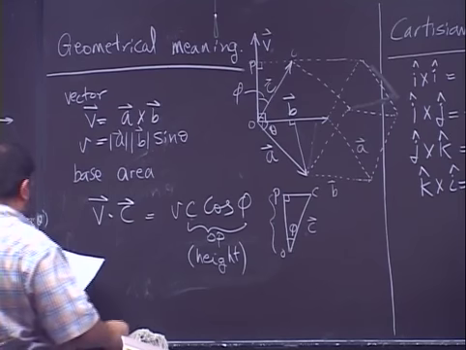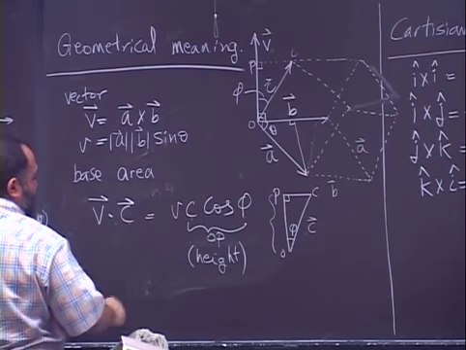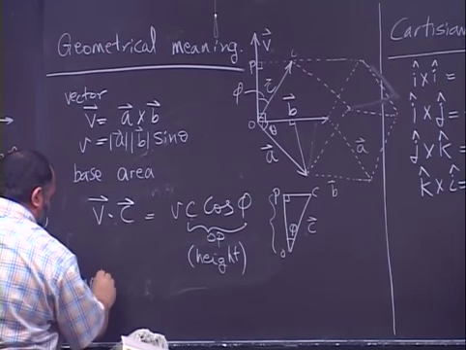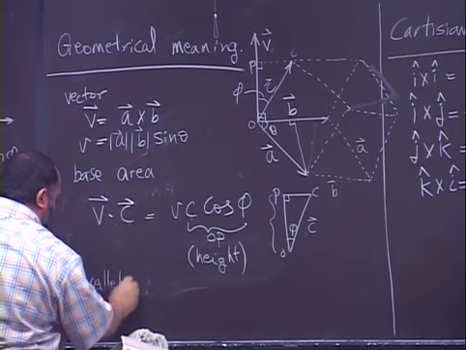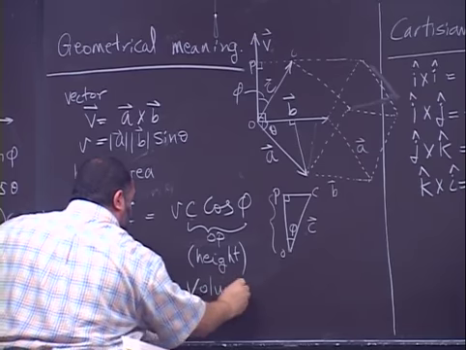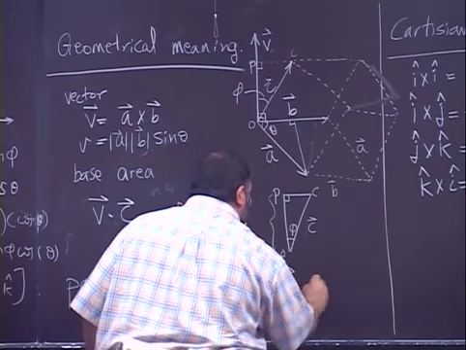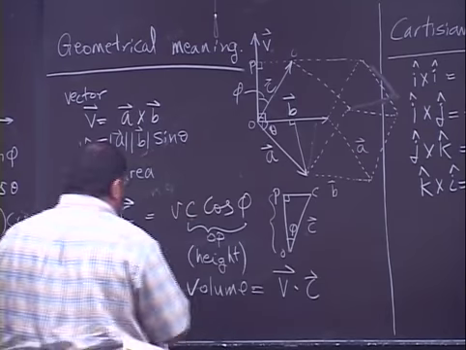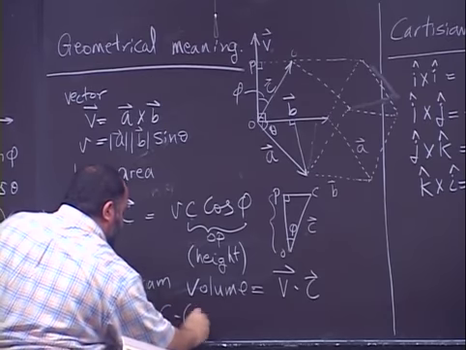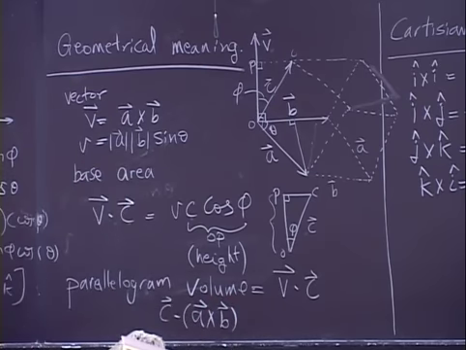So in this case, V dot C is nothing more than the parallelepiped volume, equal to V dot C, and this is nothing more than C dotted with A cross B. Do you agree?